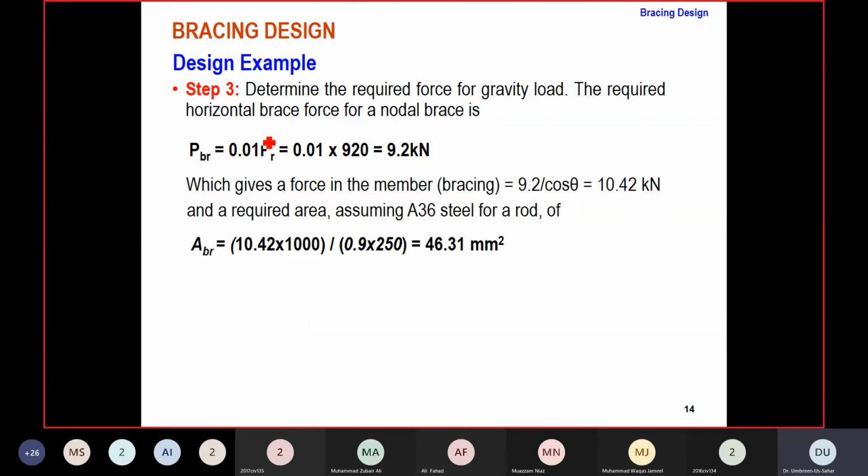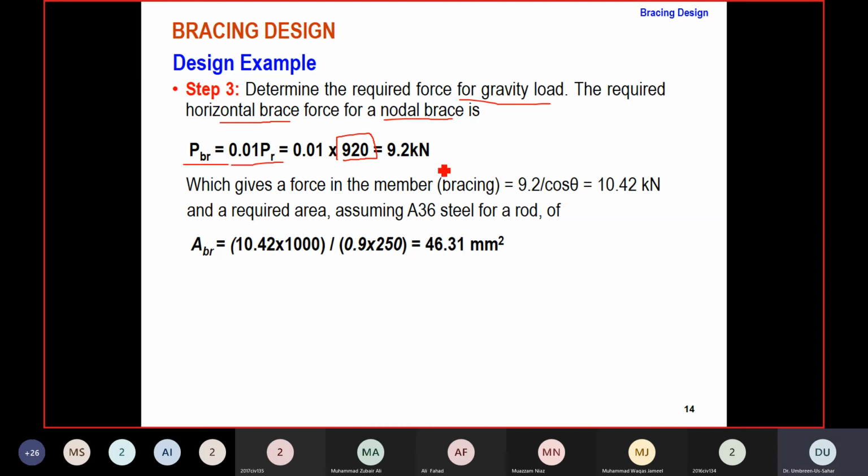Second, in step number 3, you have to determine the required force for the gravity load and for the wind load. Okay, so depending upon strength, for the strength point of view we already have the formula. The horizontal brace equation for the nodal brace is with us, that is 0.01 P_R. P_R depending upon the gravity load is different, and P_R depending upon the wind load will be different.